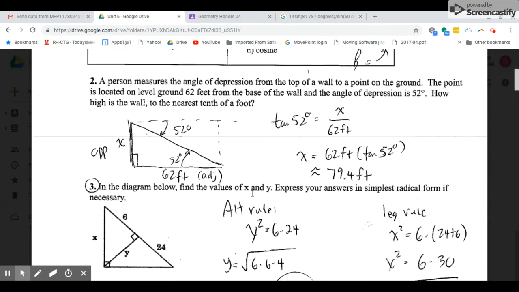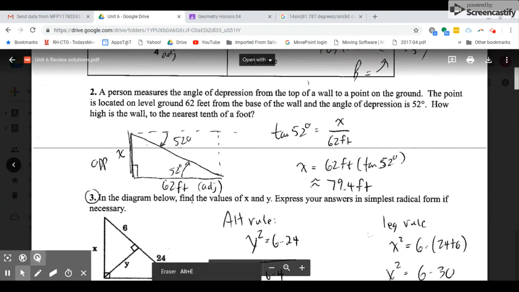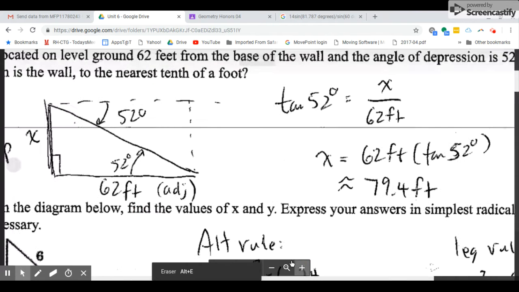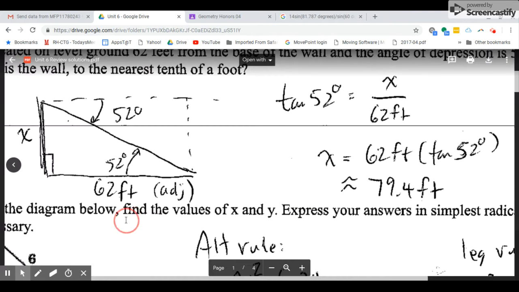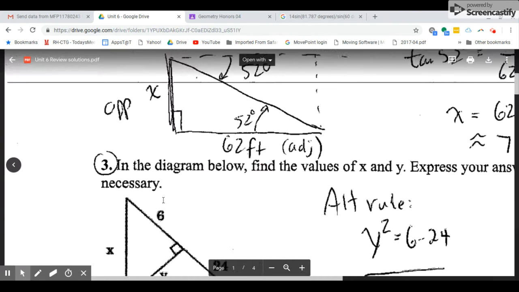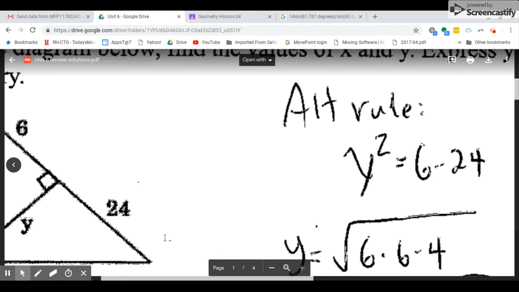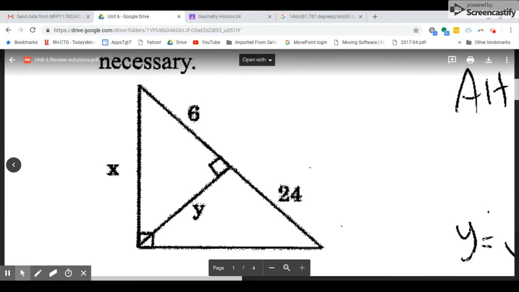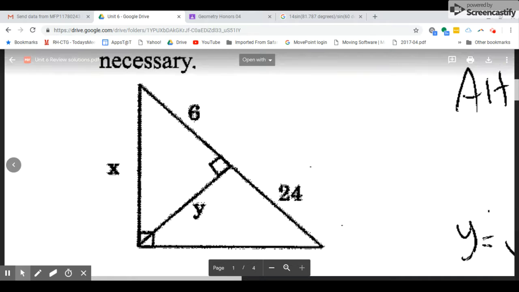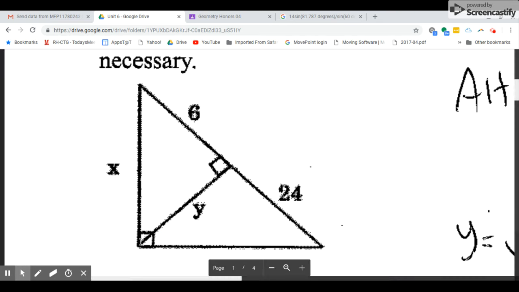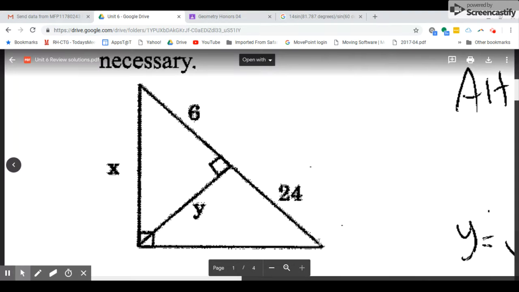Okay, number 3 was the first question I saw that people asked for on the review. So to recap the altitude leg rule and the altitude rule, this situation only works when you have a big right triangle, and within that right triangle, an altitude drawn to its hypotenuse.